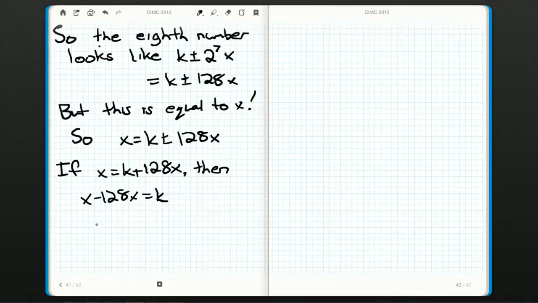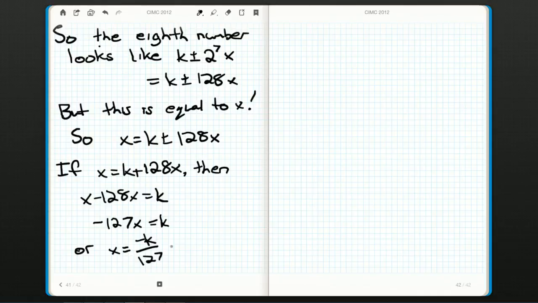So x minus 128x, so that's going to be, oops, not minus 128, it's going to be minus 127. Okay. So x is going to be negative k, so negative of an even integer, over 127.